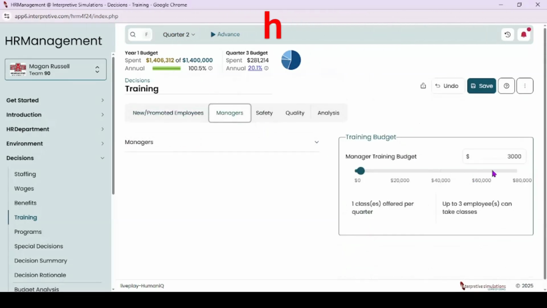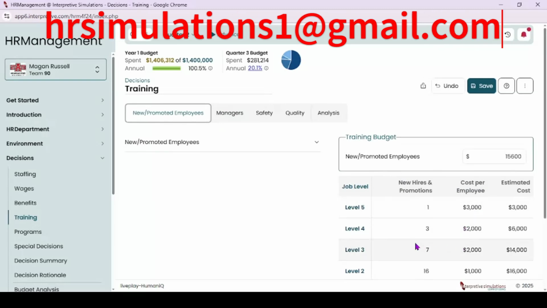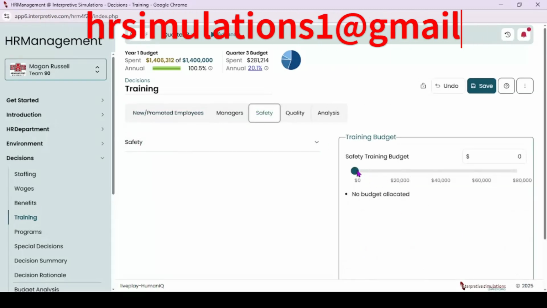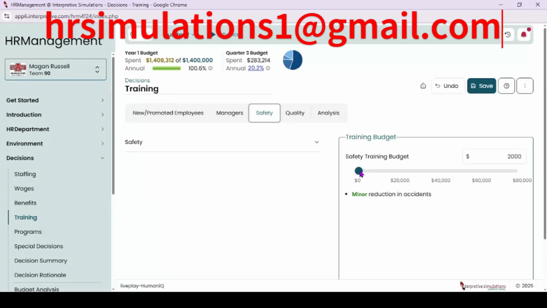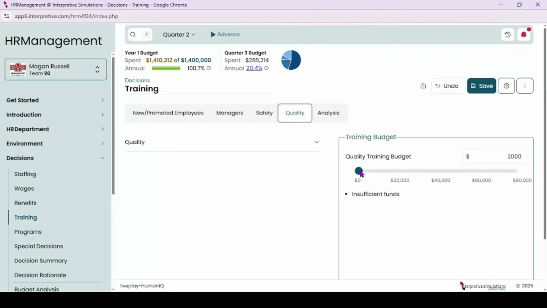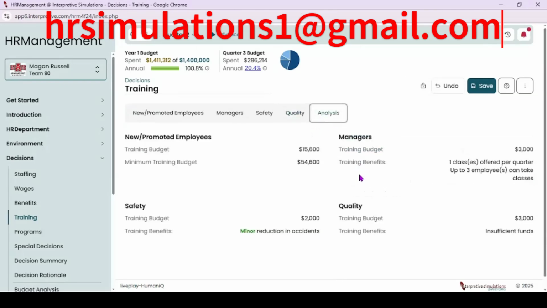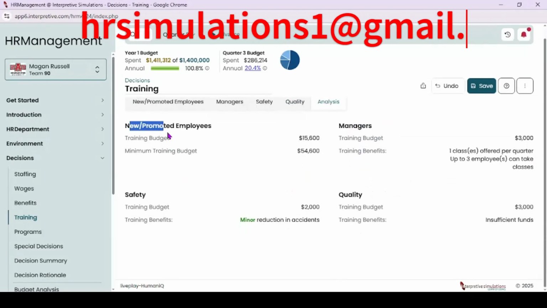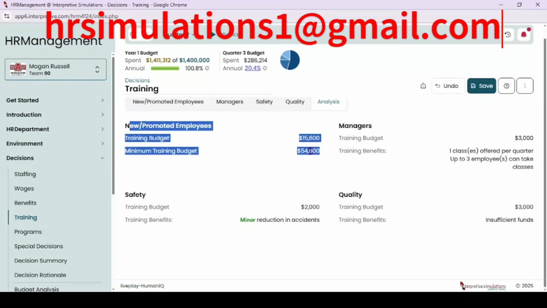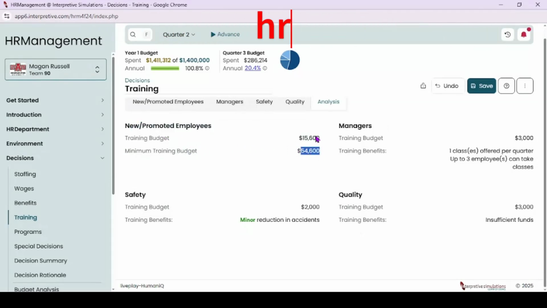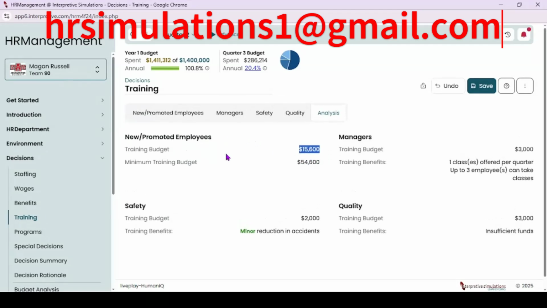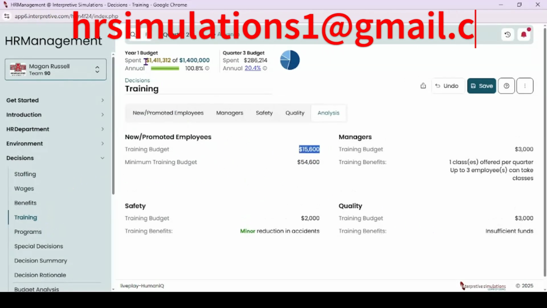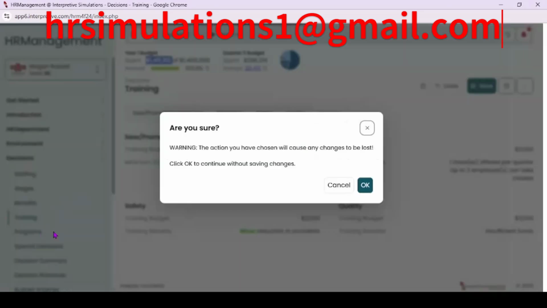Managers, 3,000. Safety, we can just give it some 2,000. Quality, can give it 3,000, and then you can go through the analysis so that we can see. New and promoted employees, the budget is 54,600. The training budget is at 15,600. So we need also to increase our training budgets for our workers, and we shall get a way to reduce those funds.